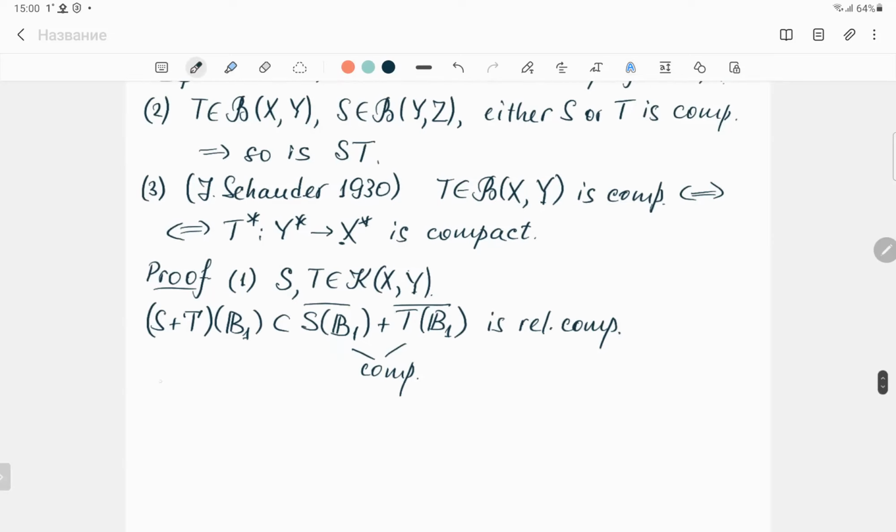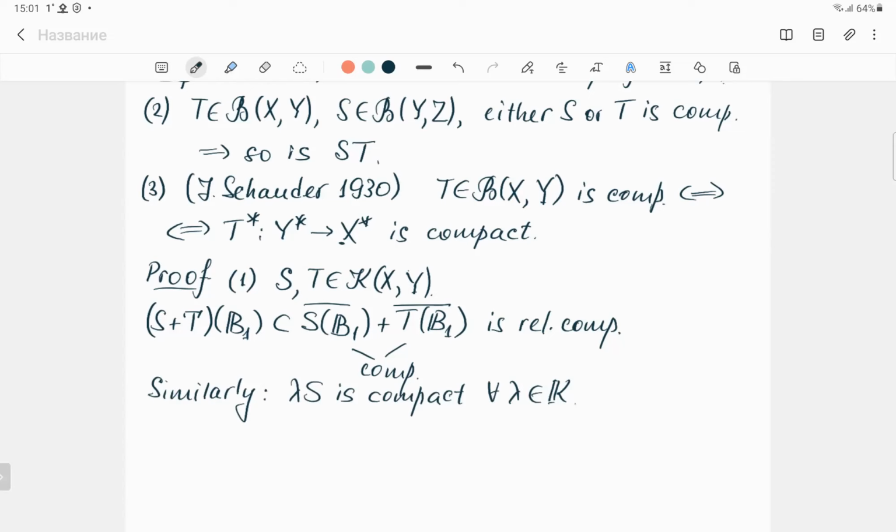And similarly, we can show that if we multiply S by a number, then we get a compact operator. So the space of compact operators is a vector subspace in B of XY.